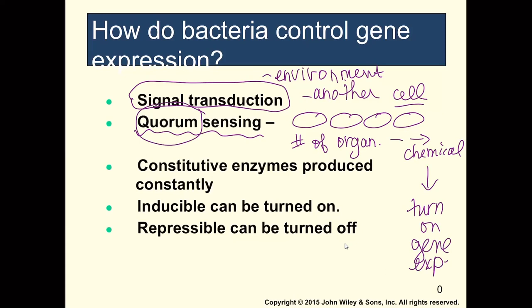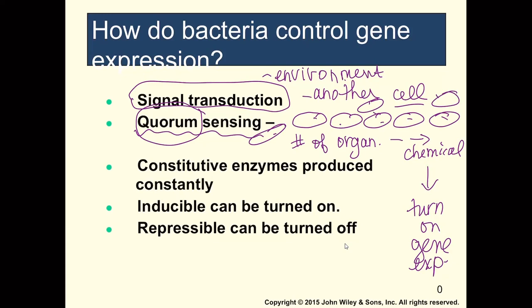Like if Congress votes, for the vote to be legal, they have to have a quorum. They have to have a certain number of members there. So if nobody's there, they can't pass something that everybody doesn't agree with, right? So bacteria do this thing, they call it quorum sensing. So you're waiting and trying to accumulate a certain number of cells in order to turn on a gene.